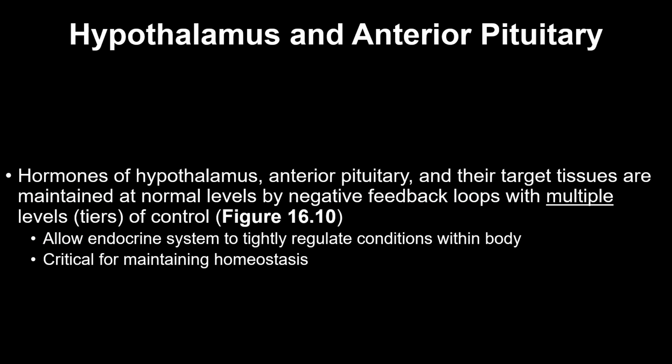Now, the hormones of the hypothalamus, the adenohypophysis, as well as hormones secreted by the anterior pituitary's target tissues are maintained at normal levels, usually by negative feedback loops of multiple tiers of control. Each tier is going to have a stimulus, receptor, control center, and a response or effector. So these are very critical for maintaining those homeostatic levels.